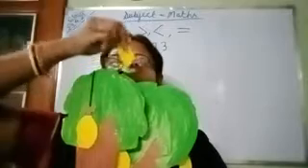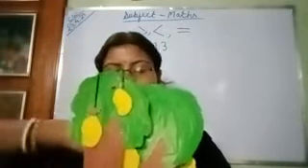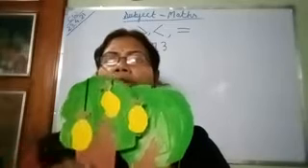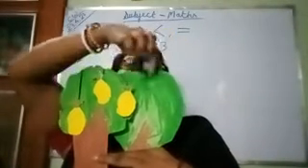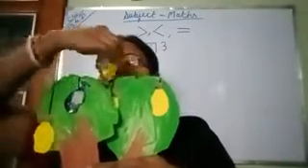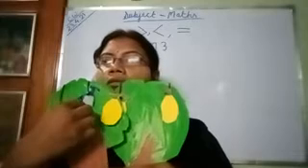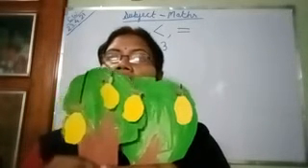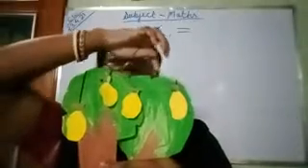How many mangoes in this tree? 3 mangoes are there. And in this tree, how many mangoes? Only 1. Here it is. And in this tree, only 1.